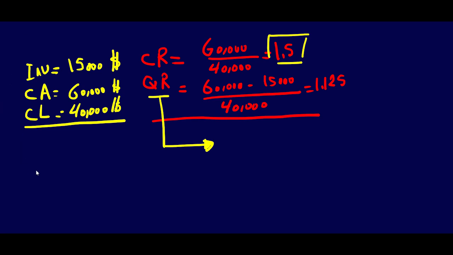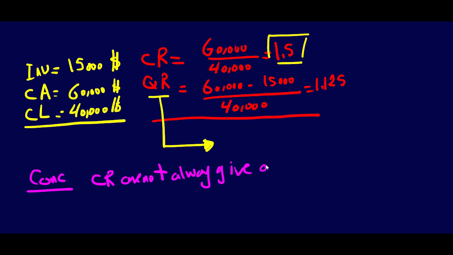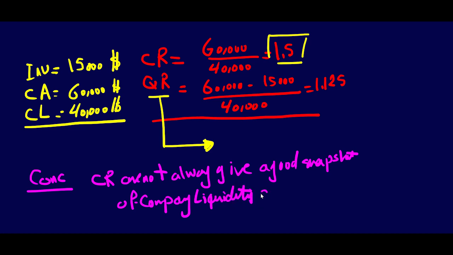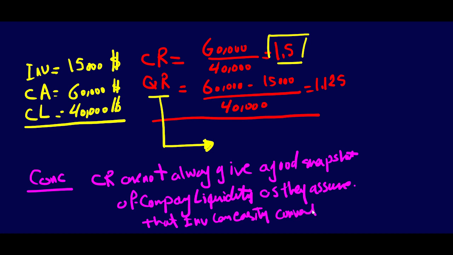So our conclusion is as follows: current ratio does not always give a good snapshot of a company's liquidity, as it assumes that inventory can easily be converted into cash.